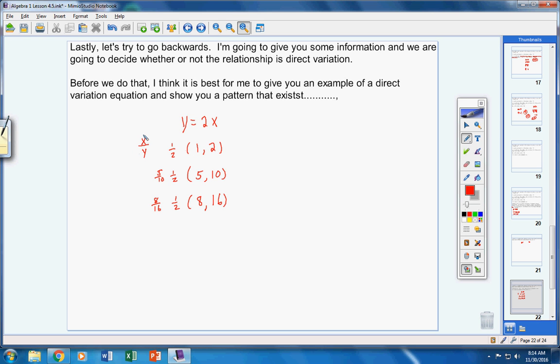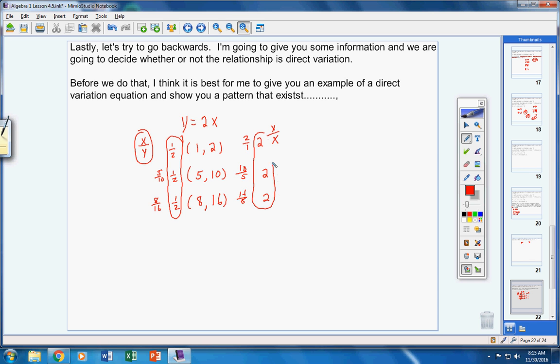So anytime you put x over y, you get the exact same number every single time if you have direct variation. And by the way, you could also do y over x, it doesn't matter. Y over x would be 2 over 1, which is 2. Y over x would be 10 over 5, which is what? 2. Y over x would be 16 over 8, which is 2.